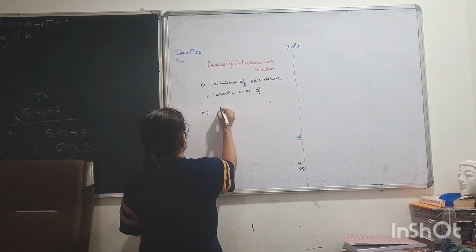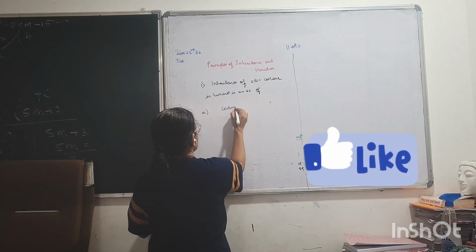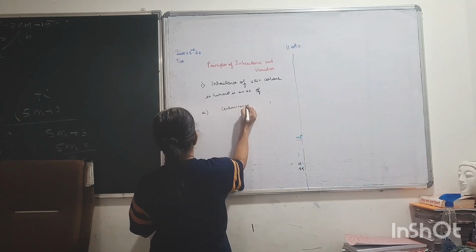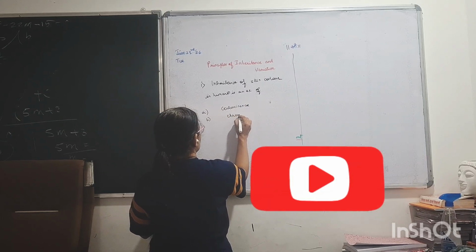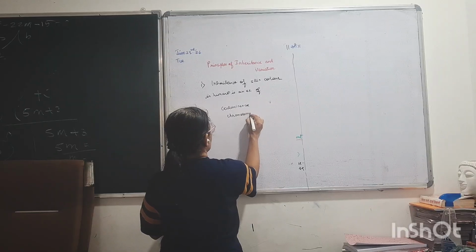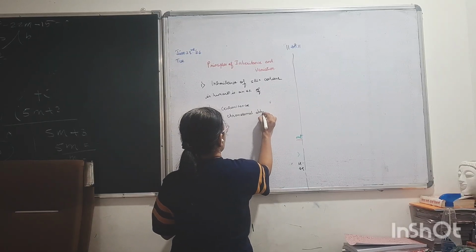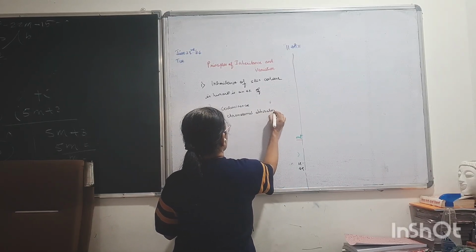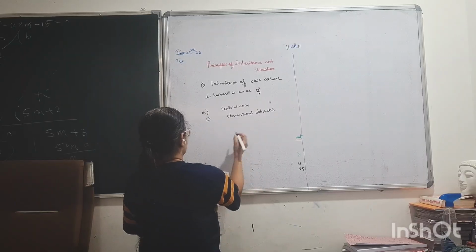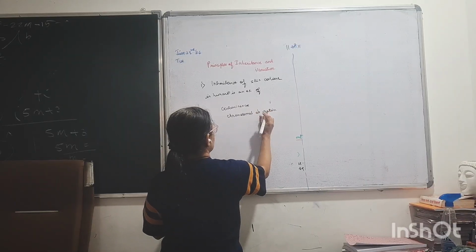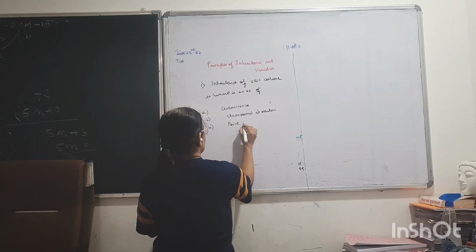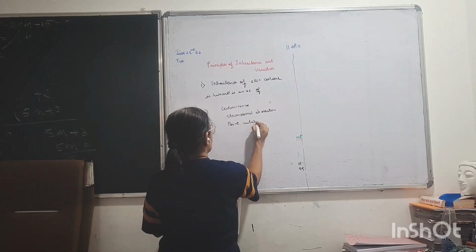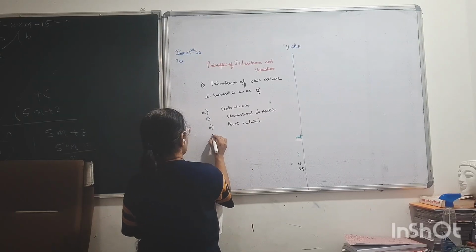Options are first, codominance, second, chromosomal aberration, third, point mutation, and last is polygenic inheritance.